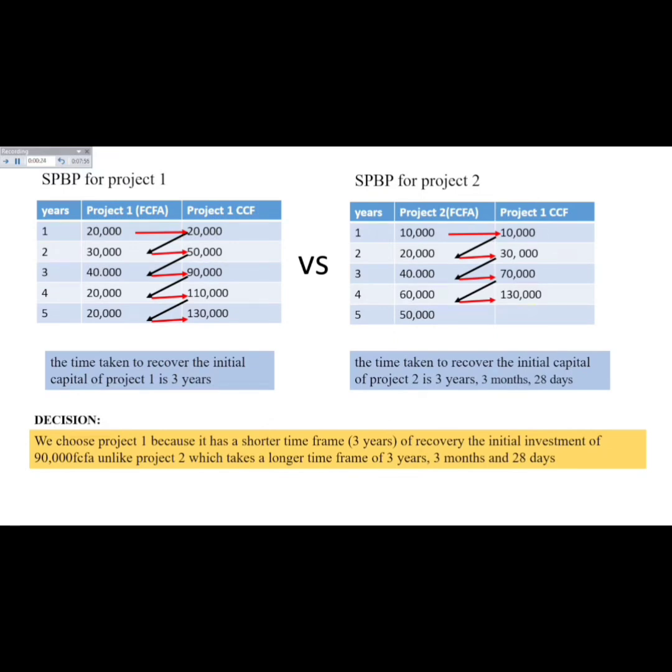So I'm going to choose the project with the lesser payback period, meaning that if we invest in Project 1, we realize our cost of capital earlier than investing in Project 2. So we choose Project 1 because it has a shorter time frame, 3 years, to recover the initial investment of 90,000 francs, unlike Project 2, which takes a longer time frame of 3 years, 3 months and 28 days.